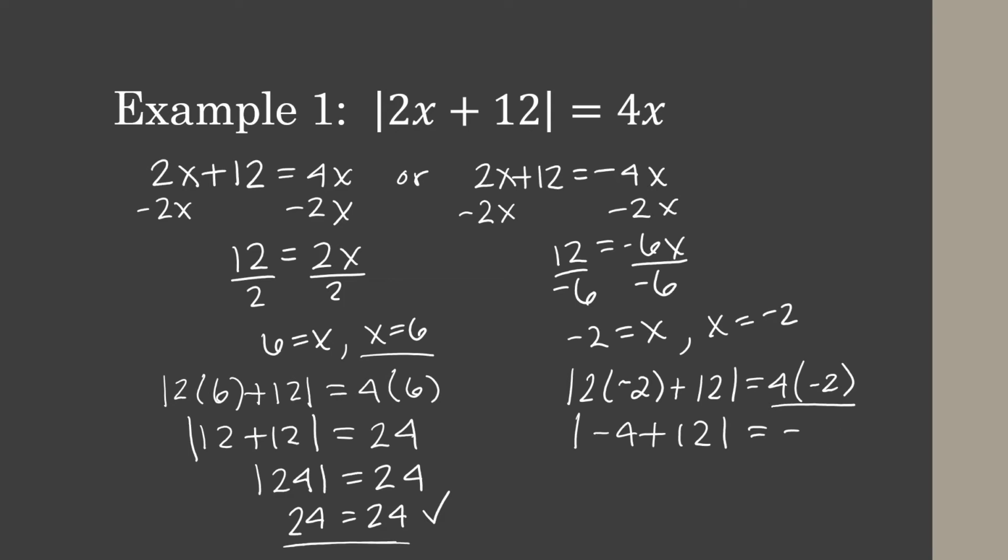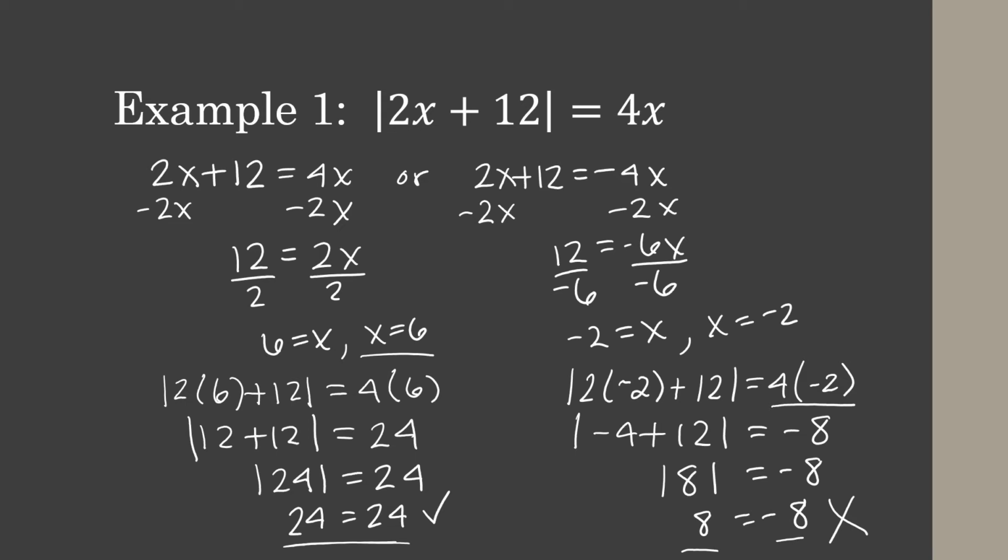That is a negative 8. And so when we do this, the absolute value of 8 is 8, but then we get that equal to negative 8. So that's a problem because 8 and negative 8 are actually not equal. So this solution is an extraneous solution.